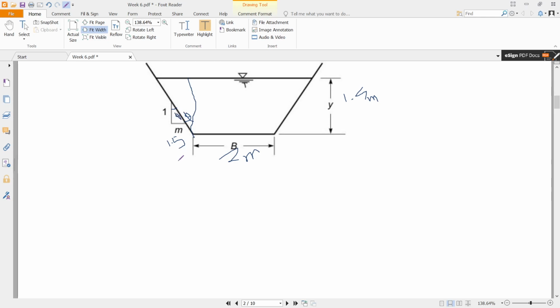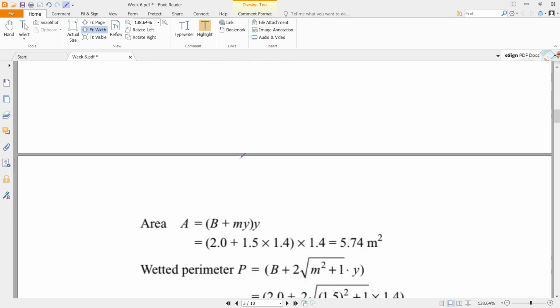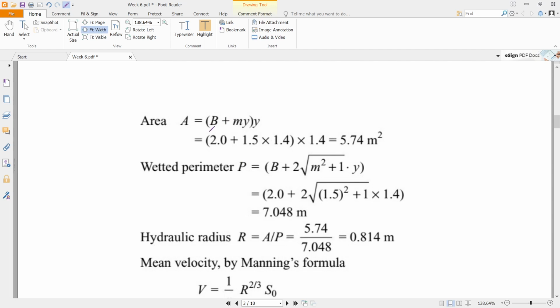If you equate the trigonometric ratio, maybe sine theta or tan theta, you will get the value of y in terms of m, and you'll get the value of the top width T in terms of m as well. Based on these calculations, which I am leaving as an exercise for you to do, because this is a very simple calculation, I will suggest for competitive exams you should remember these expressions: area A equal to (b plus m y) into y.